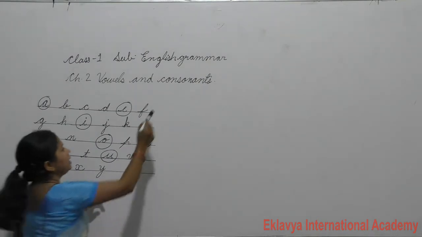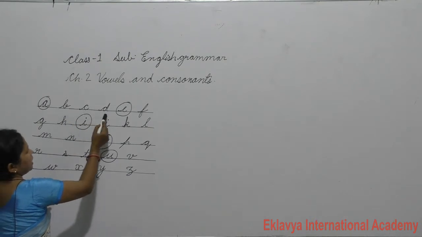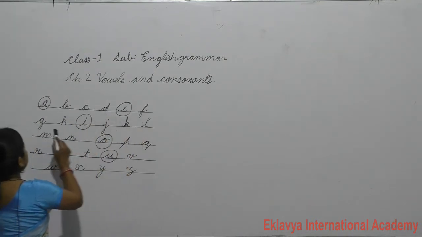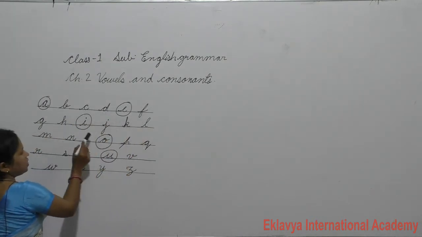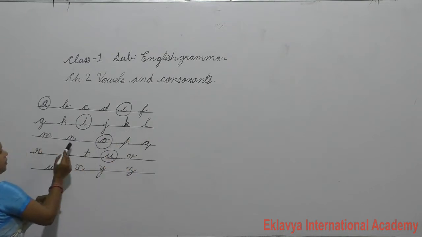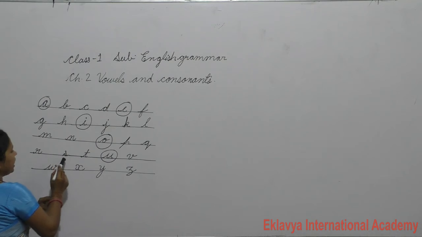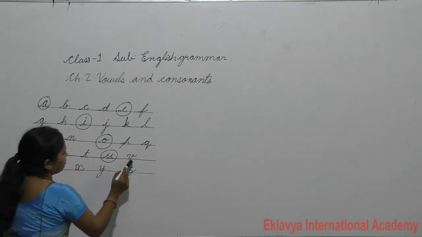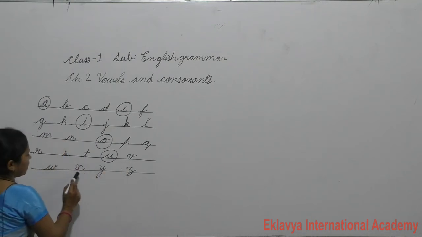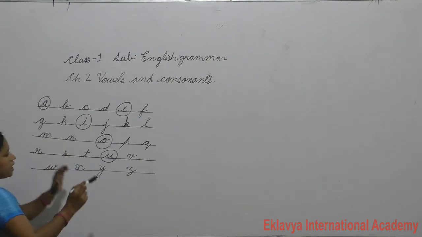Other letters means B, C, D, F, G, H, J, K, L, M, N, P, Q, R, S, T, V, W, X, Y, Z. Okay, these are consonants.